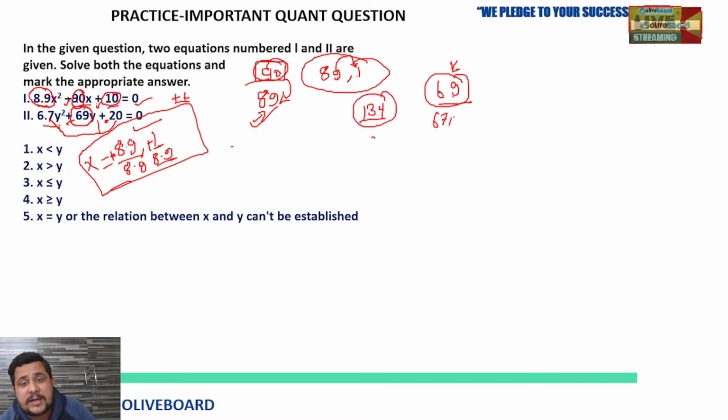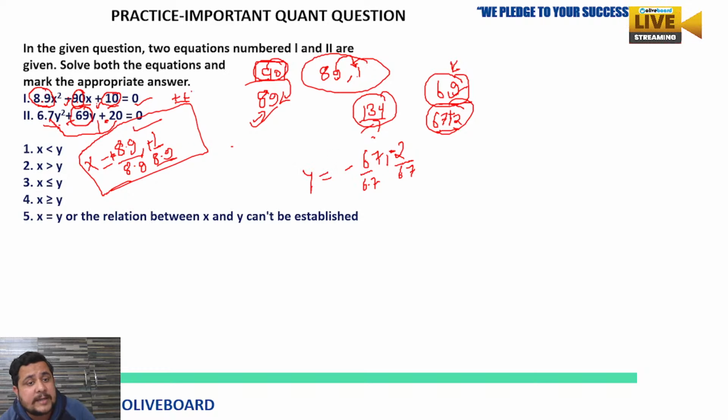So 67 and 2. 67 plus 2 is 69, and 67 multiplied by 2 gives 134. So 67 and 2 are our roots. Now just divide them by 6.7, and 2 also by 6.7. But when plus and plus signs are given, then both the roots will be negative. So the value of y is negative.